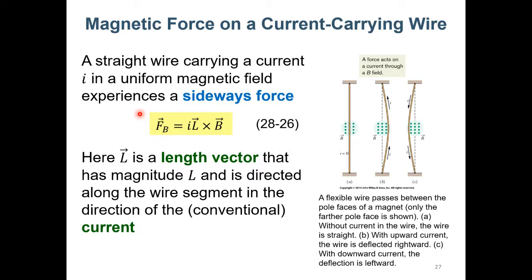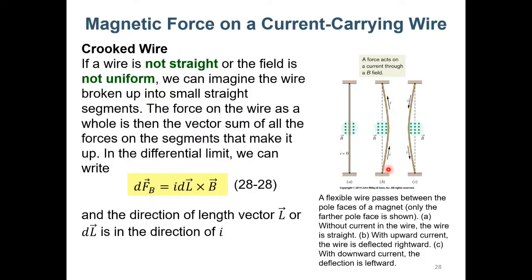The force F_B is I times L cross B, where L is the length vector. You can cut it into very small pieces, so that it becomes dL for every small part of the wire, crossed with the magnetic field, times the current, and that gives the force.